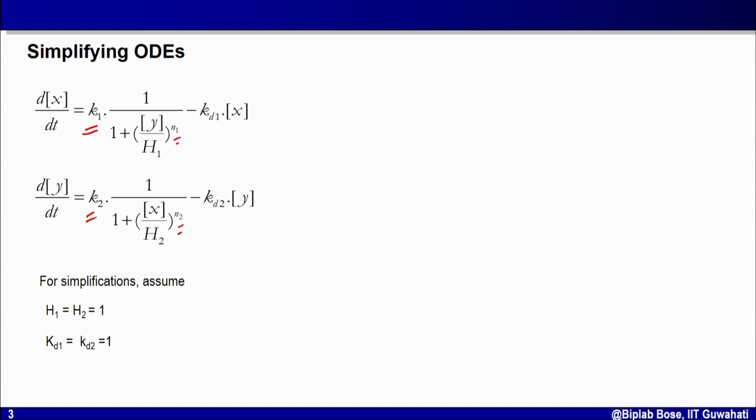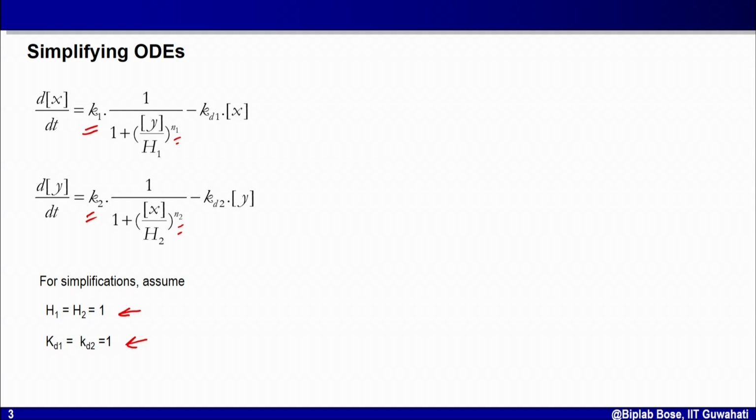So to simplify this problem I have considered H1 and H2 both equal to 1 and KD1 and KD2 both equal to 1. Essentially, you can normalize all your equations with respect to the rate of degradation and the Hill constant. That will simplify our problem.